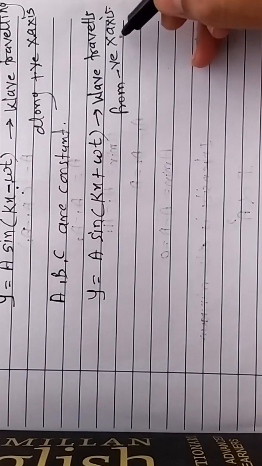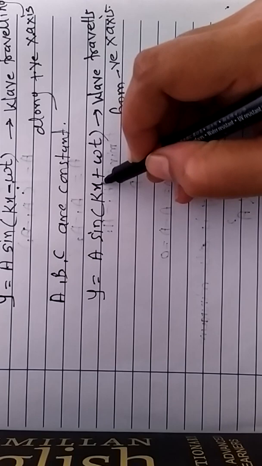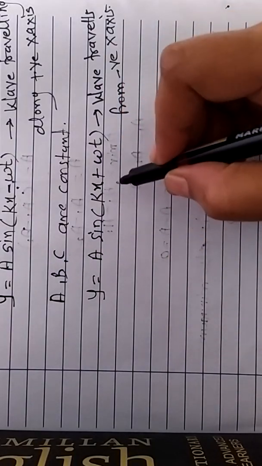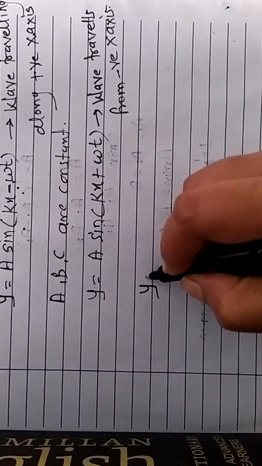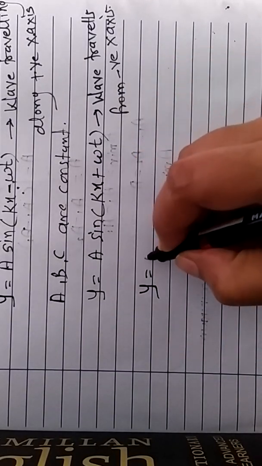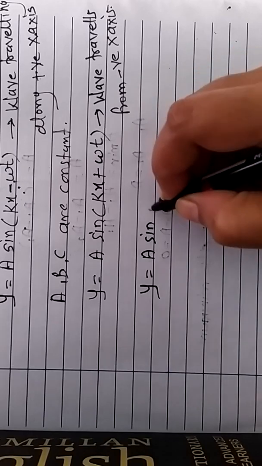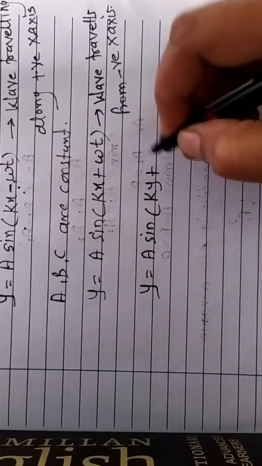Why is it taken as the x-axis? Because the variable is x. Instead of x, if we substitute the y variable, we get a sine of (ky plus omega t).